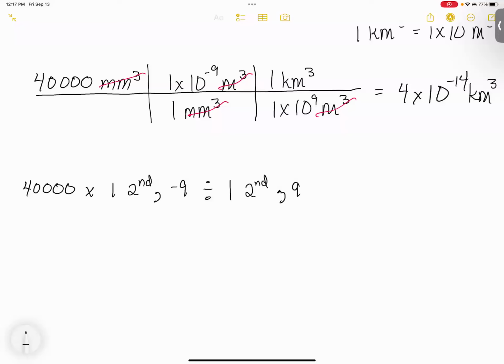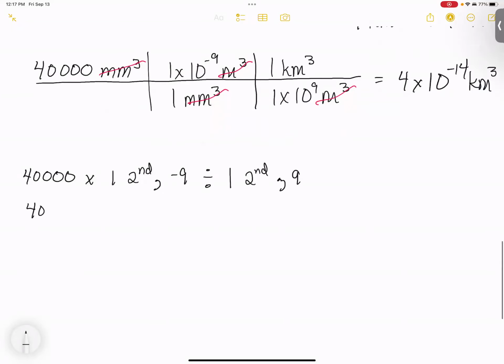And that's when I got my answer. That's what it looks like on the calculator.